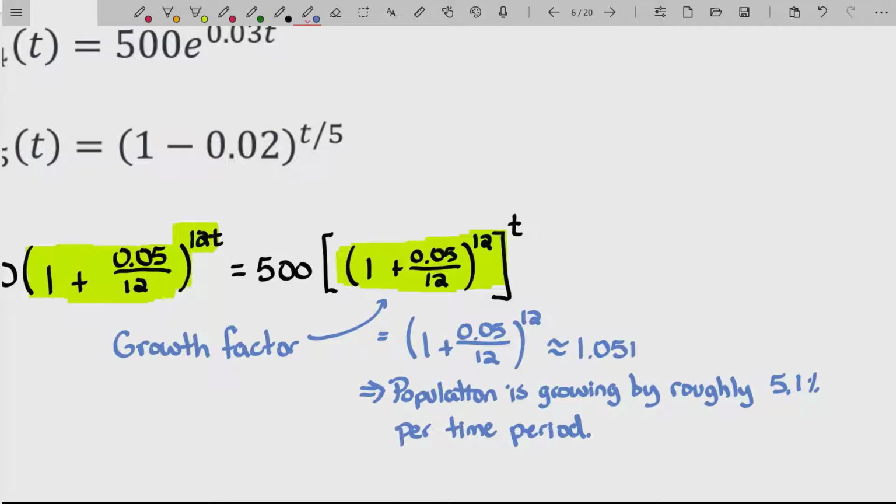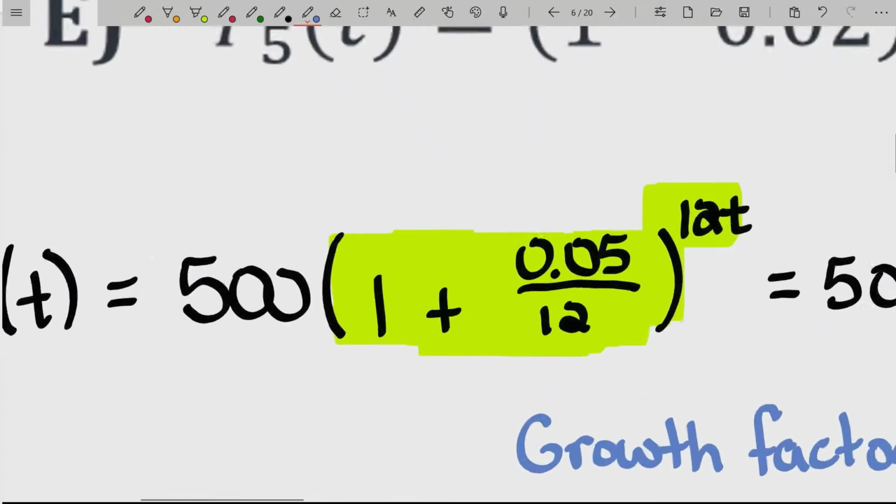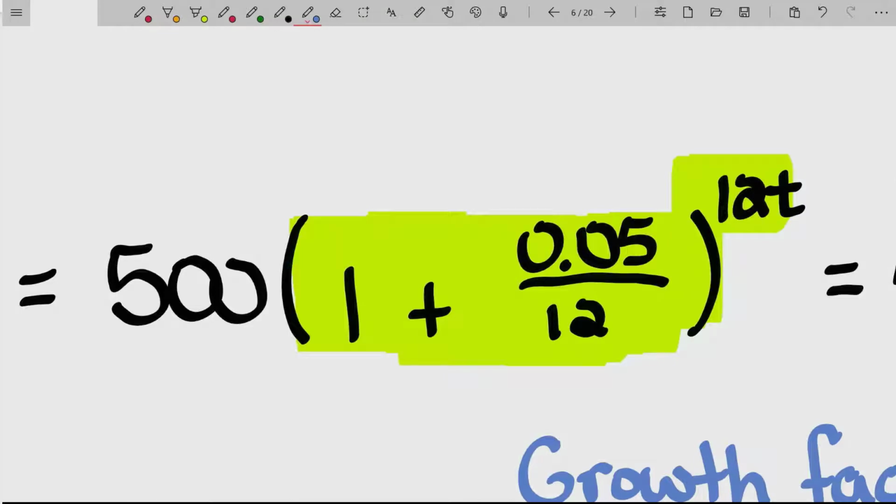It's because it's 1 plus 0.051. That's what this is. 1 plus 0.051. And as a percentage, that 0.051 is 5.1%. Notice that if you recall from your elementary algebra and intermediate algebra, if you recall that this is a compounding formula, you know this means that somebody's investing $500 at 5% compounding monthly.